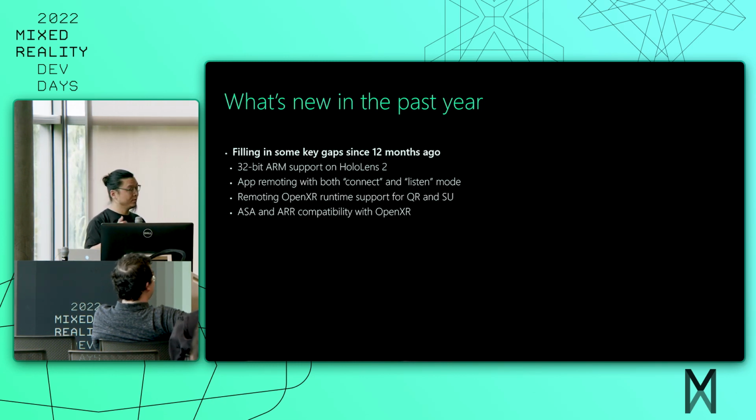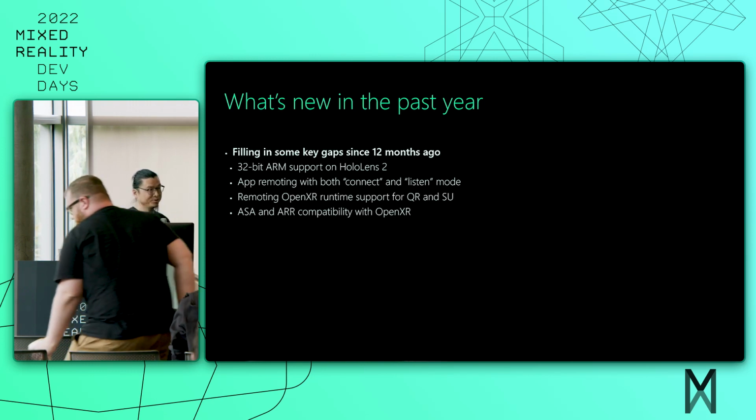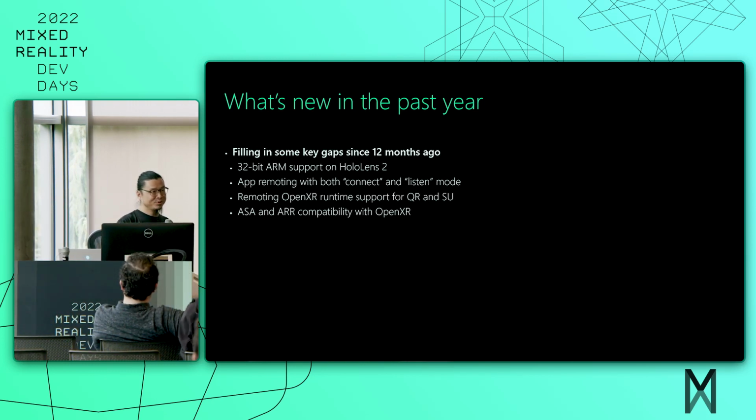We are also working with the Azure Spatial Anchor team and the Azure Remote Rendering team to make sure their Unity packages are compatible with OpenXR in the latest Unity versions.